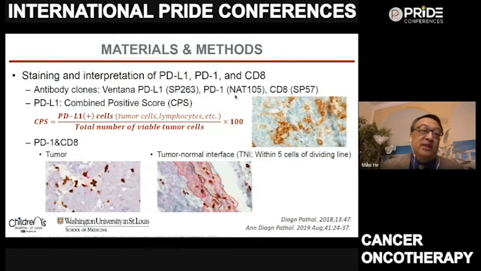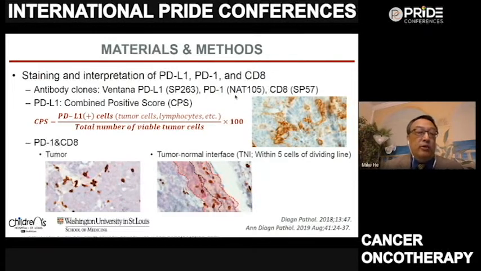Combined means it's a combination of all the cells, including tumor cells and immune cells, with positive PD-L1 staining compared to the total number of tumor cells. There's another way of evaluating the PD-L1 stains I will mention in the next slide.